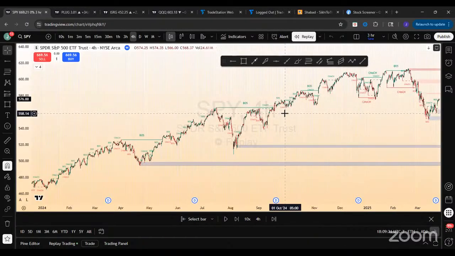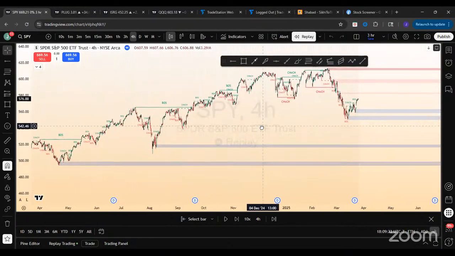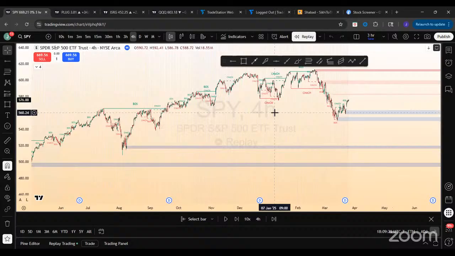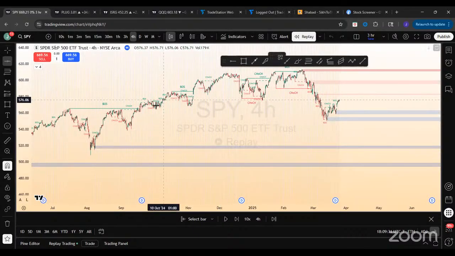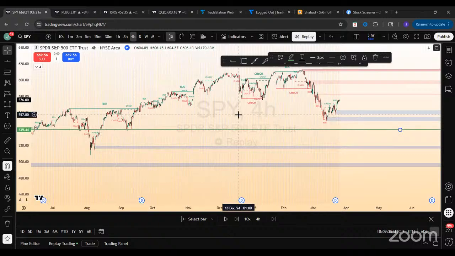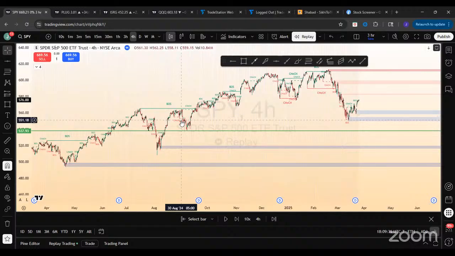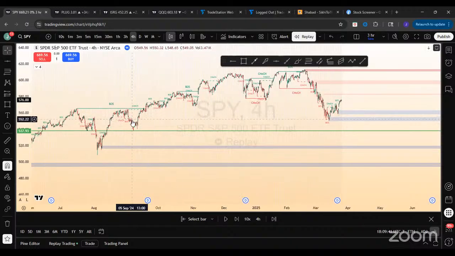I'll do two things. First, you can see where the order blocks are. I will also draw my support level. So look at this level here. This is where it had come down and then reversed back in September.